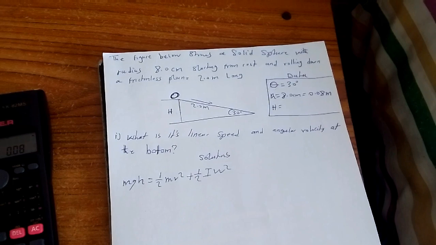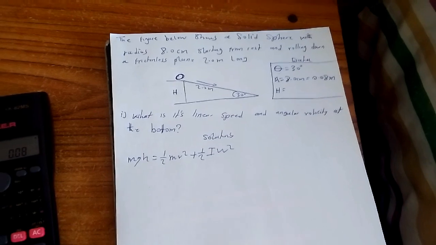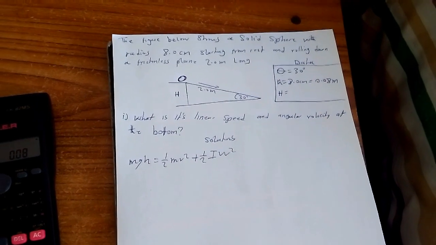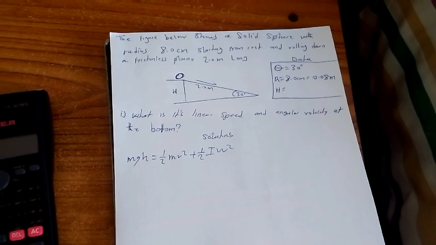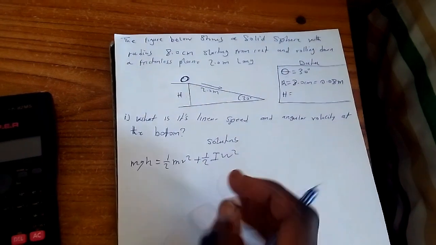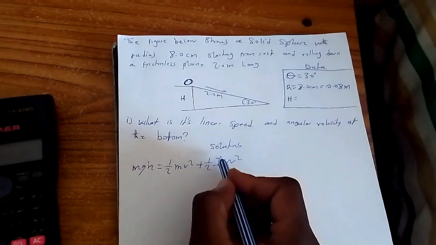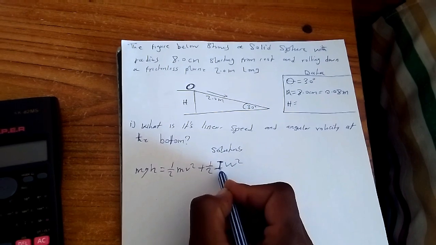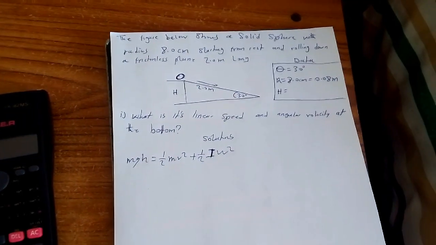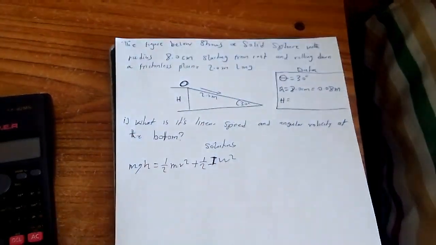If you don't know how to derive this, you can comment in the comment section and I'll help you, but as we answer this, I'm sure you will know where it comes from. First let us focus on this part. Don't forget that this moment of inertia is for a solid sphere.